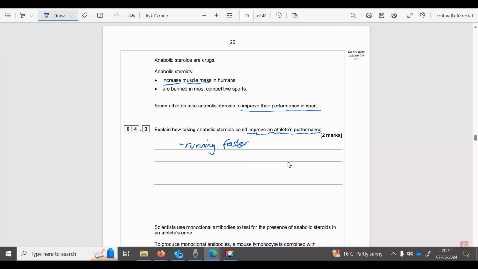Because again, that improvement has got to be something that is better than before. So faster is an example. Then maybe lifting some weights, so they'll be stronger in that sense. Maybe throwing something further could be another example. But what's the reason why taking these steroids is going to cause this to happen? Well, it told us that the steroid is supposed to increase muscle mass.